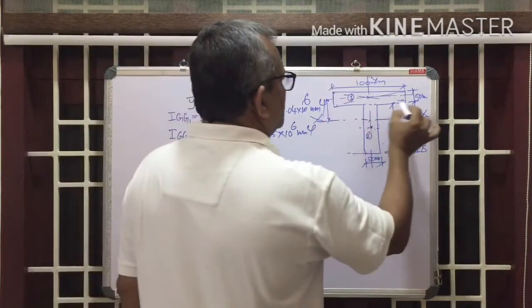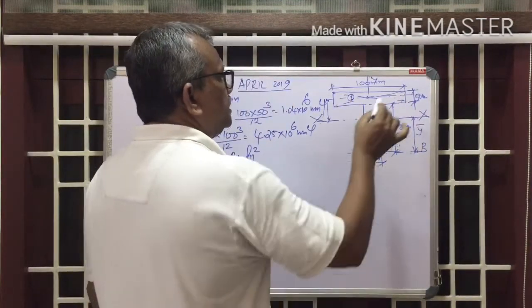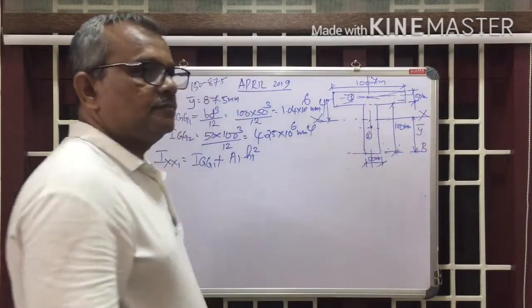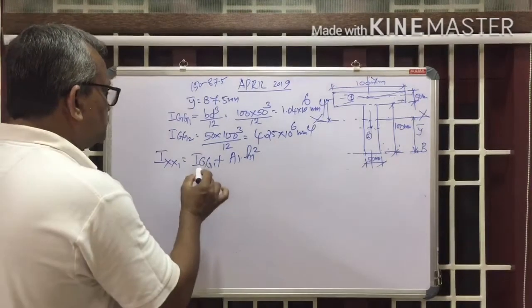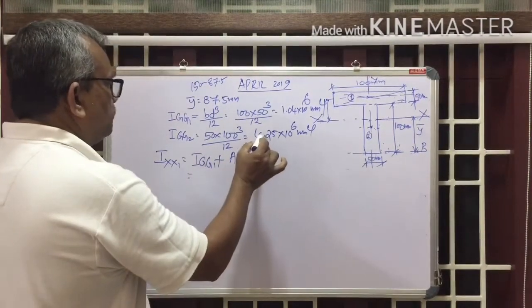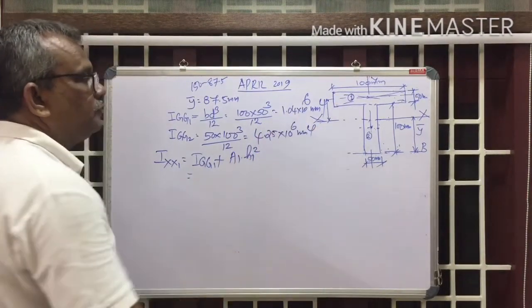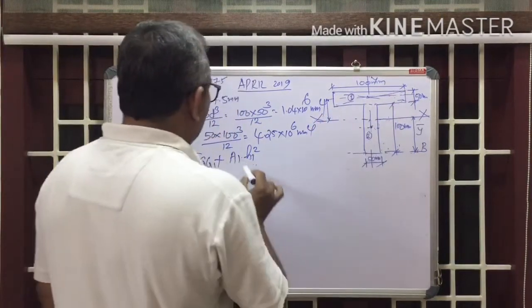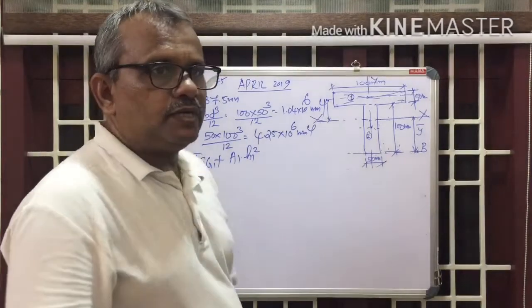A1 is the area of that rectangle and h1 is the distance between the two axes GG and xx. So substitute the values: IgG1 is 1.04 into 10 raised to 6, plus A1, 100 into 50, into h1. What is h1?